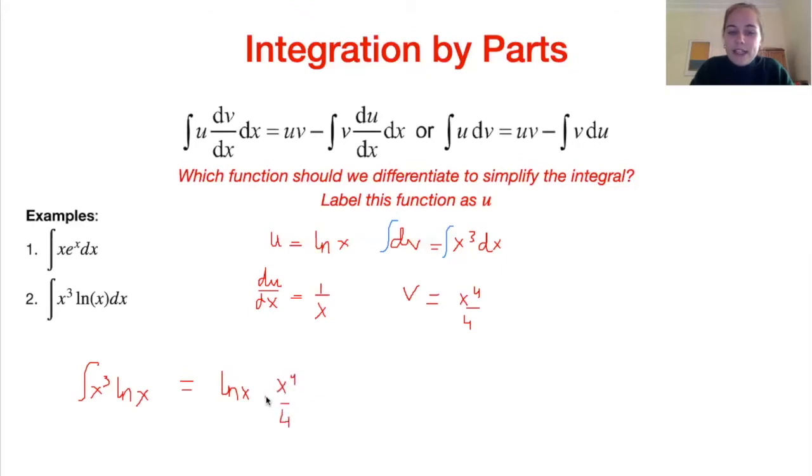Now that's not particularly nice, but that's fine because we don't need to integrate it, minus the integral of v times the derivative of u, which is 1/x dx. So let's simplify that integral a little bit. Minus the integral, well, this is going to be x cubed over 4 dx.